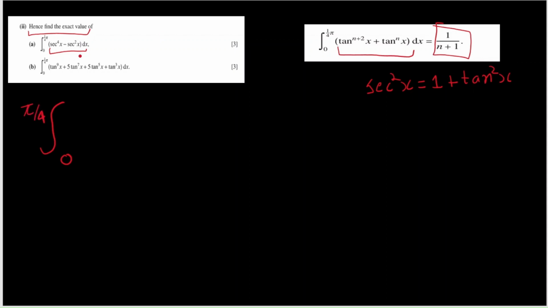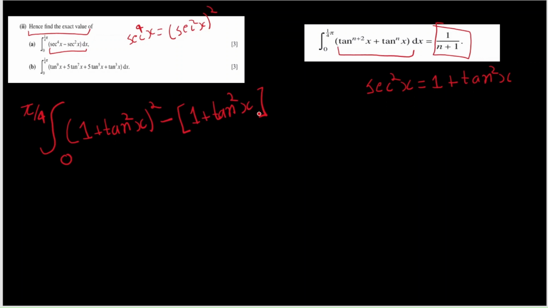We know that sec^4 x is basically the same thing as sec square x whole square. I won't be writing that again, and I'm simply substituting the value: (1 plus tan square x) whole square minus (1 plus tan square x) dx.